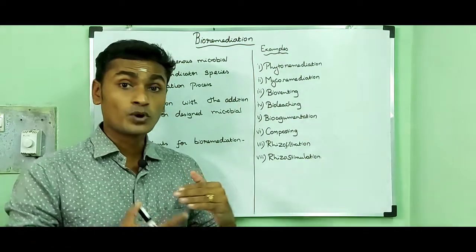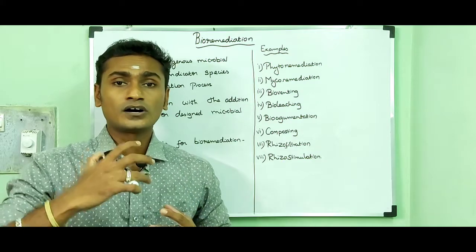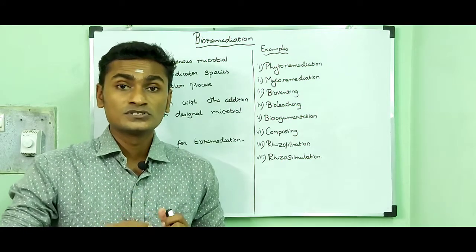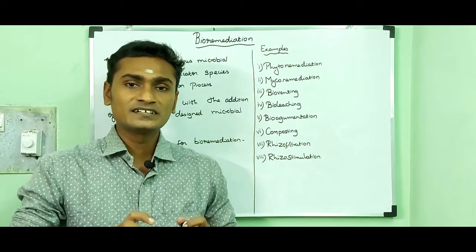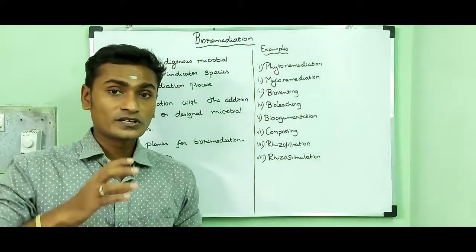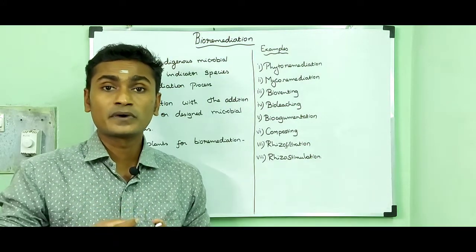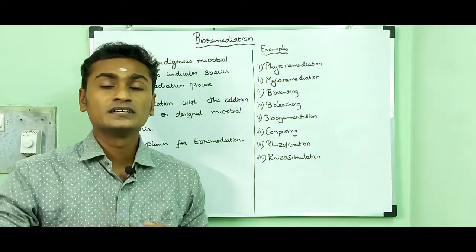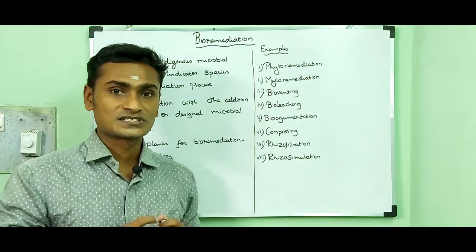Then the third one is bioventing. We apply air or oxygen in order to speed up the microbial activity to degrade the pollutants. Actually, it is an aerobic process.